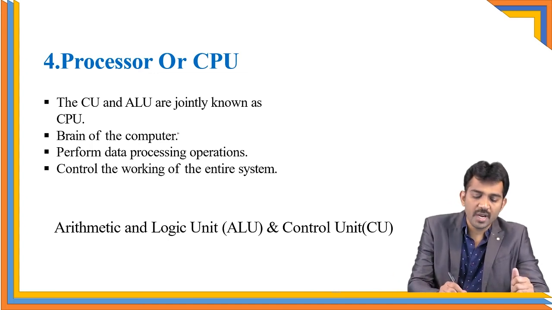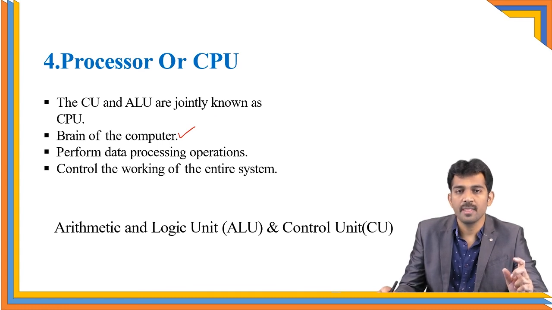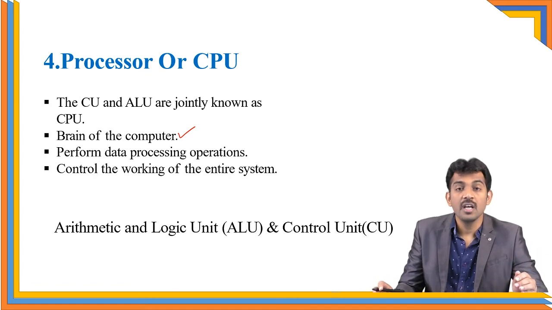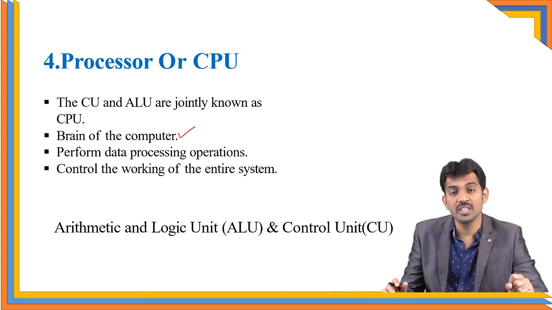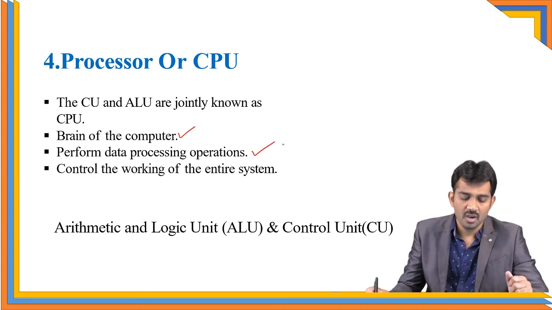So all the operations happen at the central processing unit. Input devices are used only to give the input, and output devices to print the data. That's all. But the processing, generating output and displaying, everything is monitored through the CPU only, performing data processing operations, right?